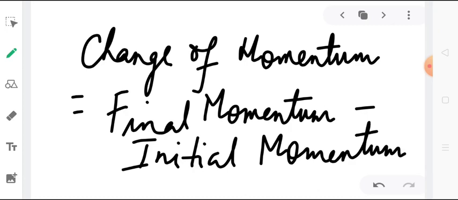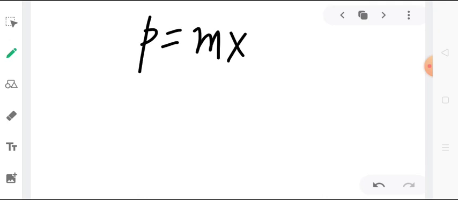Now, here I would like to ask you one question. If there is a change in momentum, then actually what is changing? Momentum is a product of mass and velocity. So obviously, change in momentum will take place due to change in either of these two values, mass and velocity.